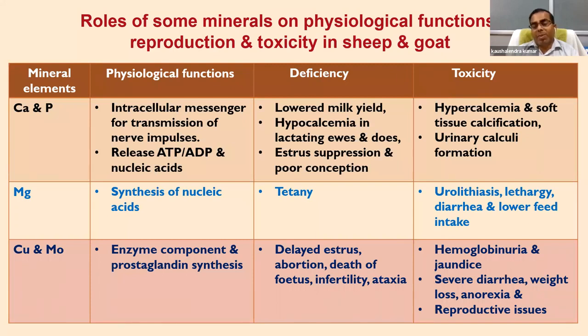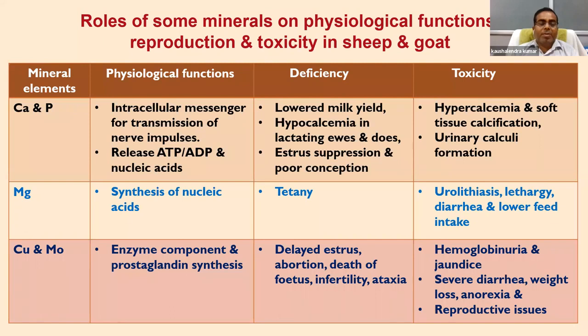A hypercalcemic problem may arise. Soft tissue calcification may happen, and the major concern is urinary calculi formation. This is a major concern when the calcium phosphorus ratio is not maintained, or with excess calcium and phosphorus in the diet. The next mineral is magnesium.